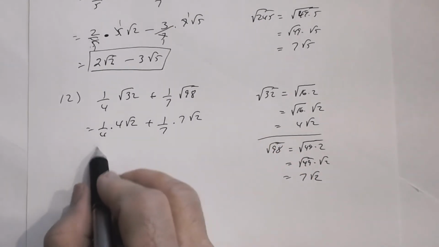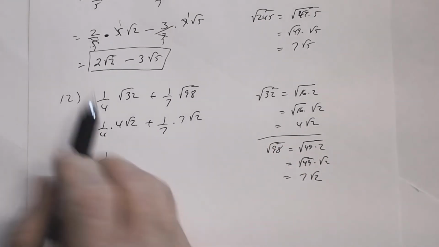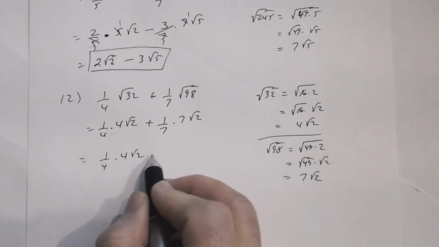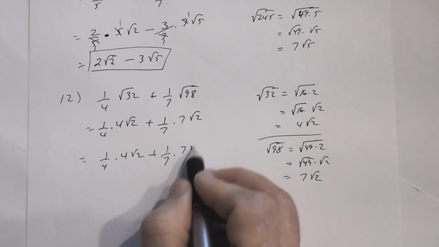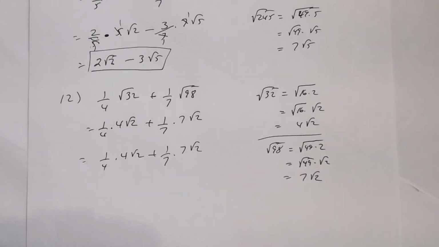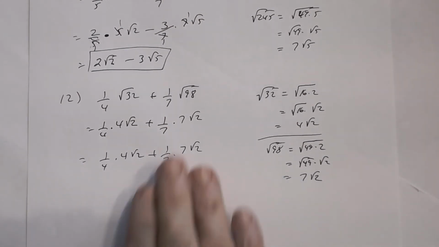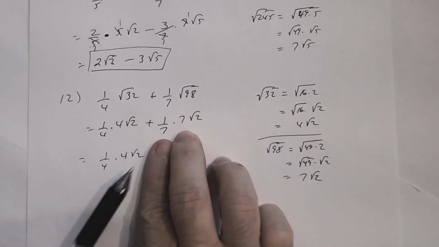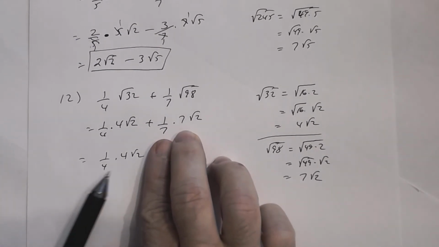Okay. Now let me go ahead and rewrite this over, the same thing I did here. 4 square root of 2 plus 1/7 times 7 square root of 2. So if you need to cover some stuff up, then cover some stuff up. So if you look at just this term, the 4's divide out, right?